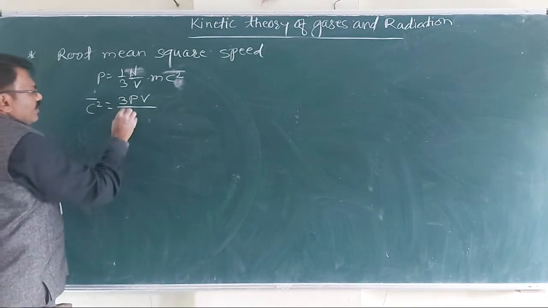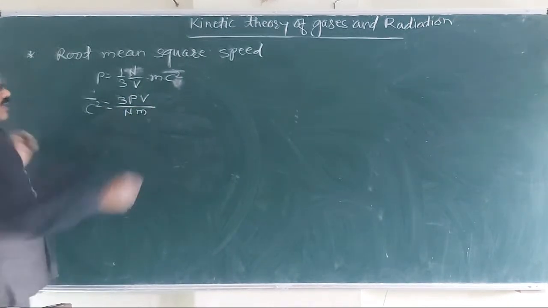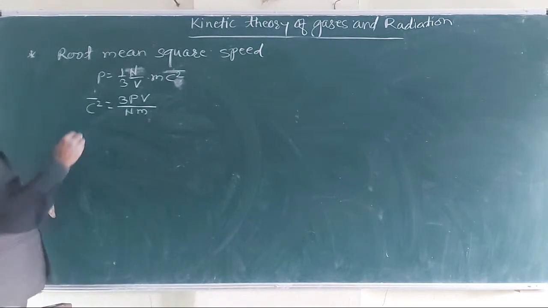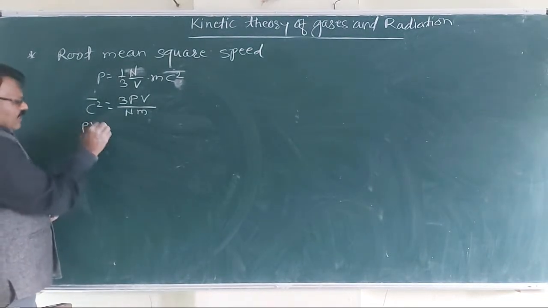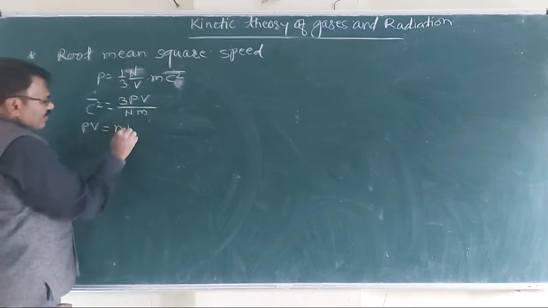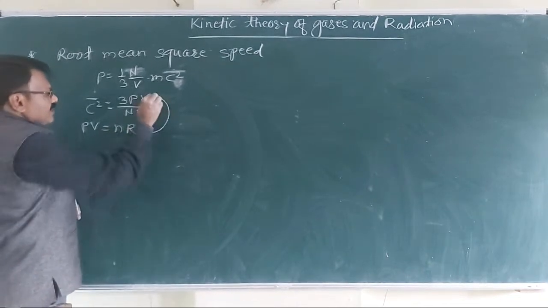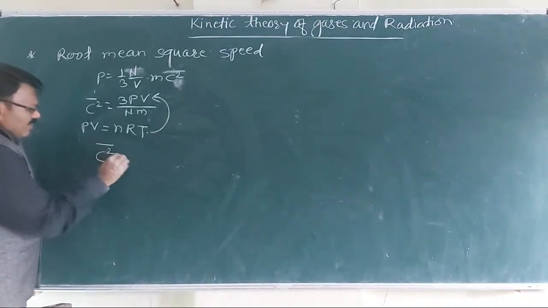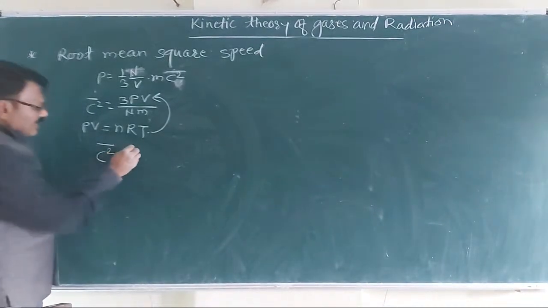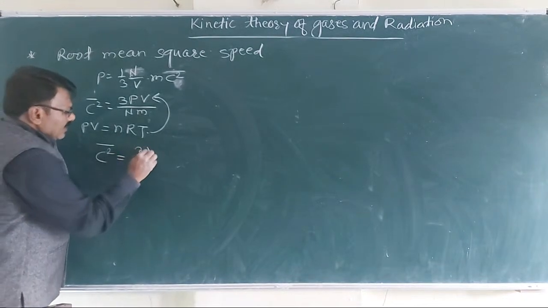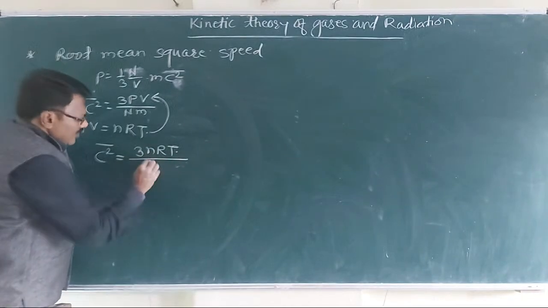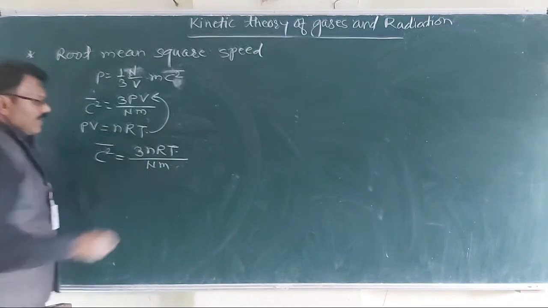From this we get this relation as c square bar is equal to 3PV upon n into m. But we know according to the ideal gas equation, PV is equal to nRT. By substituting this value in this equation we get c square bar equal to 3 nRT upon n into m.